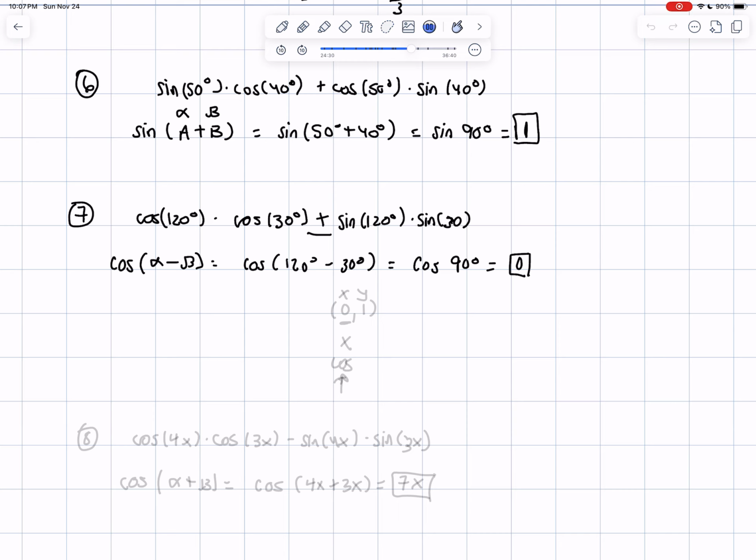And remember that cosine is based on the x coordinate and sine is based on the y coordinate. So that's why cosine 90 is 0.